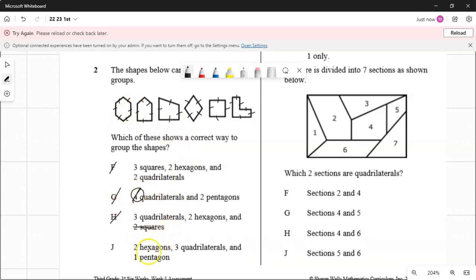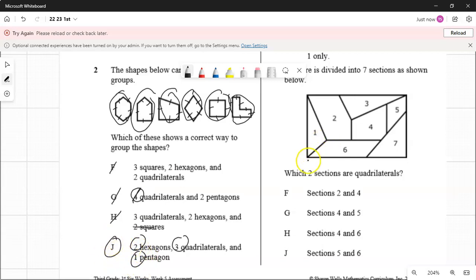Let's double check this one. Okay, 2 hexagons. I got 1 hexagon, and I've got 2 hexagons. That's true. 3 quadrilaterals. That's 1, 2, 3 quadrilaterals. That is true. And 1 pentagon. That appears to be true. So our correct answer is J.